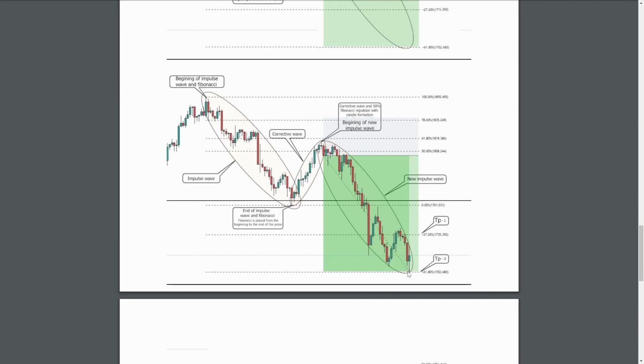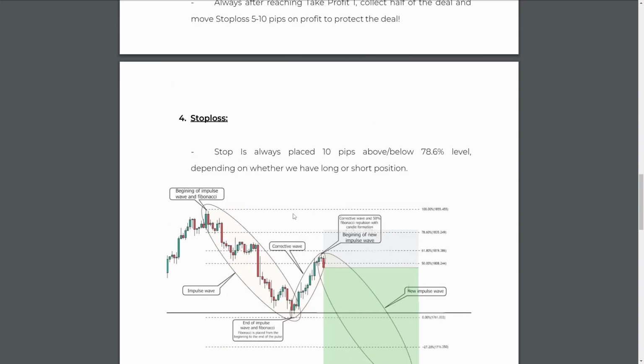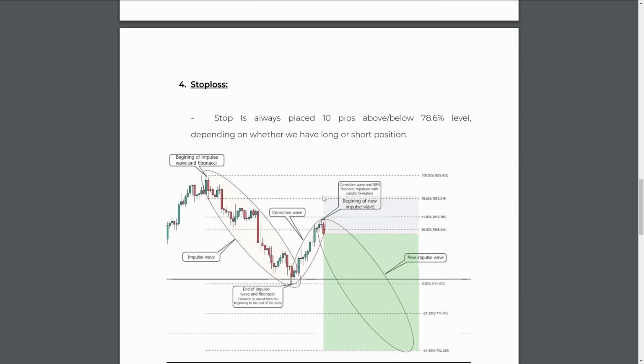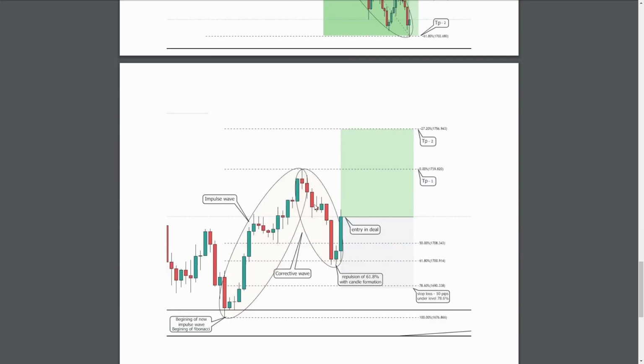The stop is always placed 10 pips above or below the 78.6 level, depending on whether you have a long or short position. If you have long, you will put 10 pips below the level because we need to protect ourselves, so the stop should be lower. If we have short, we will put it above the level because when we have sales, I want you to see here is the level 78.6.